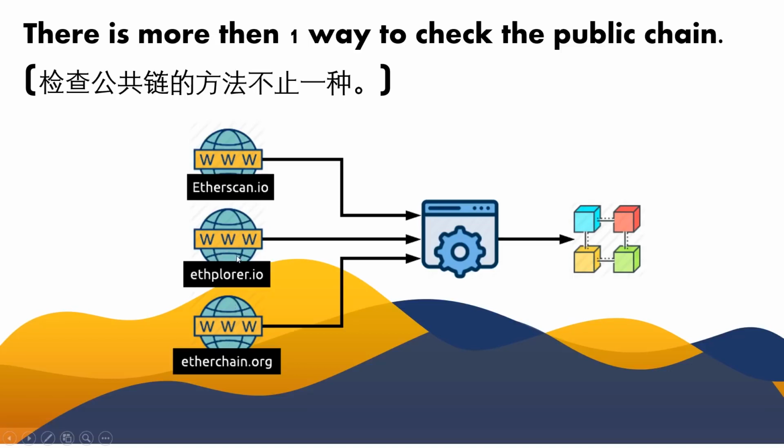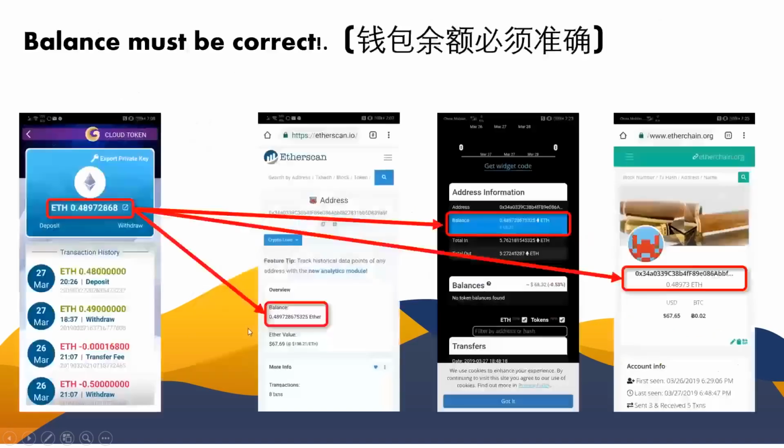Let's use Etherscan as an example. Etherscan reads from the public blockchain and displays the actual data. Same with ETH Explorer and Etherchain. Now we have a cloud token wallet here.